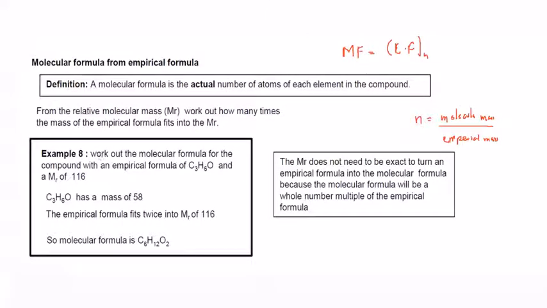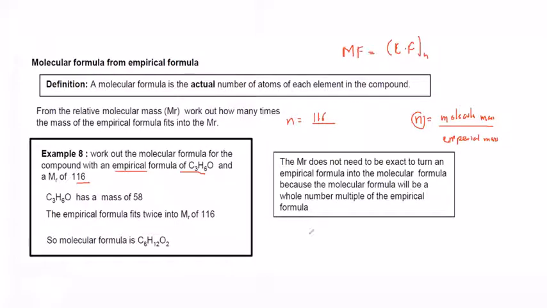So the example question is: work out the molecular formula of a compound with the empirical formula C3H6O and molecular mass 116. First you need the value of n. The value of n is equal to molecular mass, which is 116, divided by empirical mass.